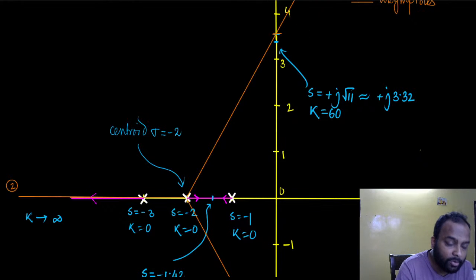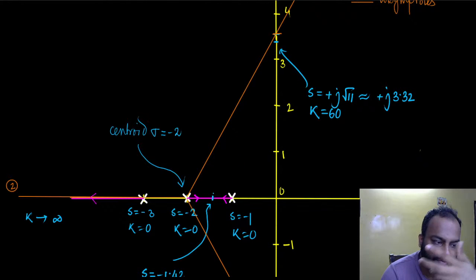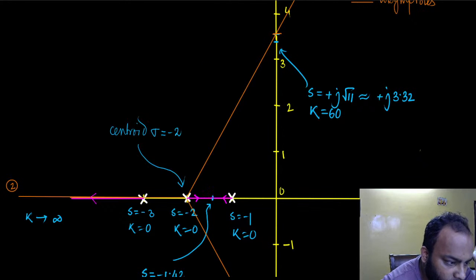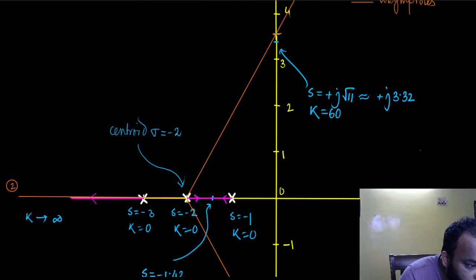So this is how I'm going to draw the rest of it. I am going to make sure that rule number 3 is not violated. So when it breaks away at an angle of plus minus 90 degrees, like that, and then they would try to follow along the asymptotes. This is going to be a very difficult drawing for me because of the way I'm drawing with the Wacom tablet.